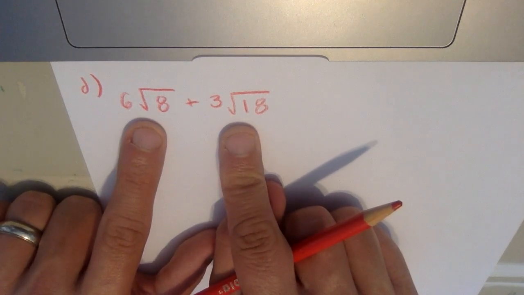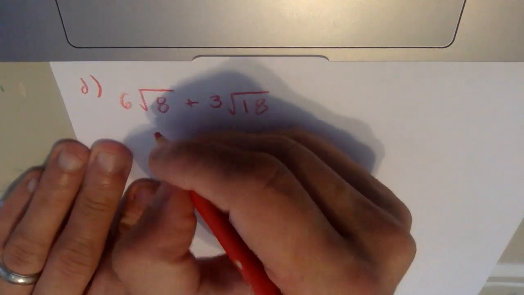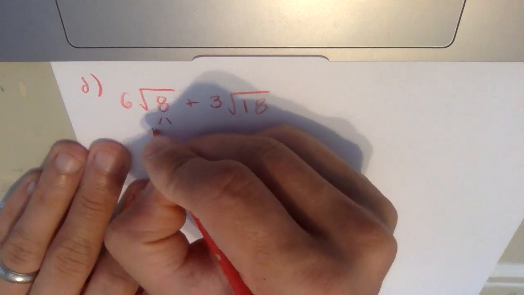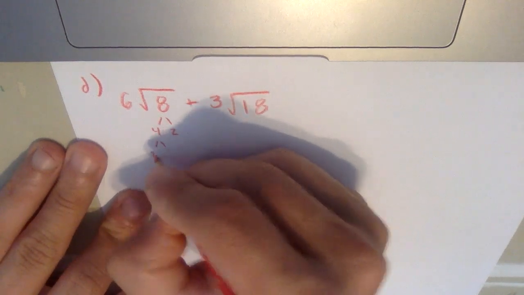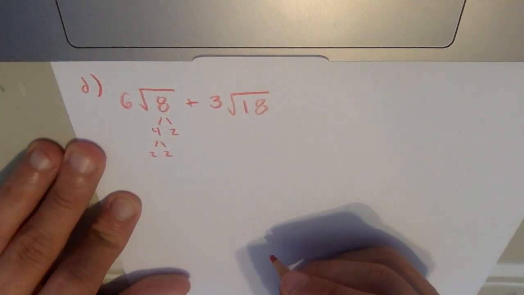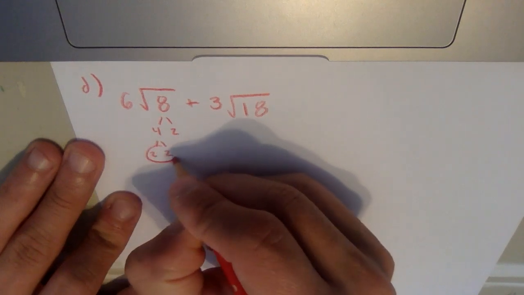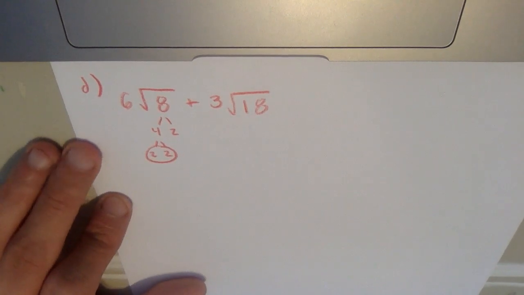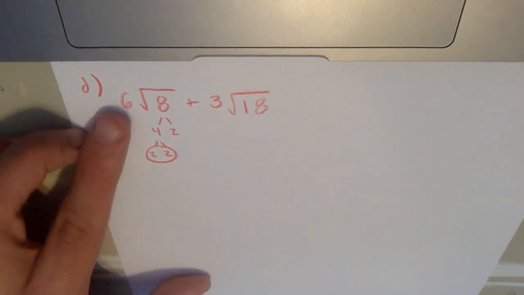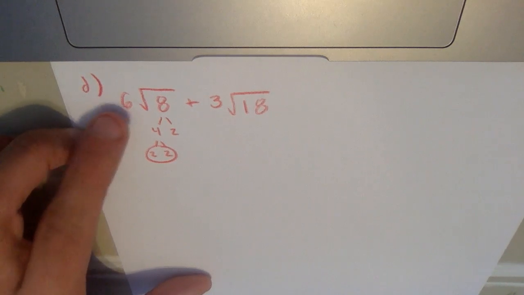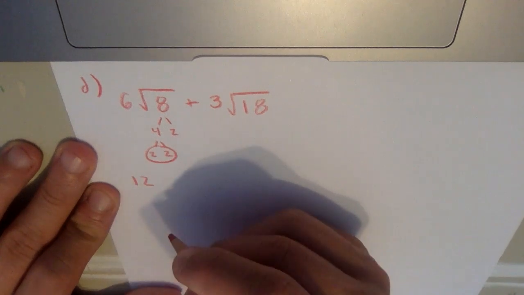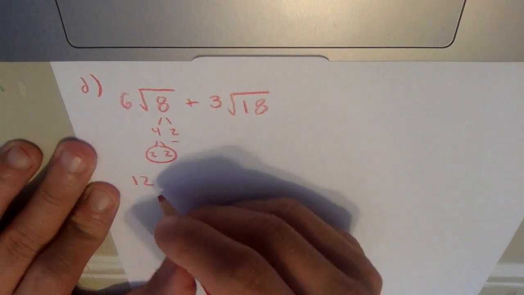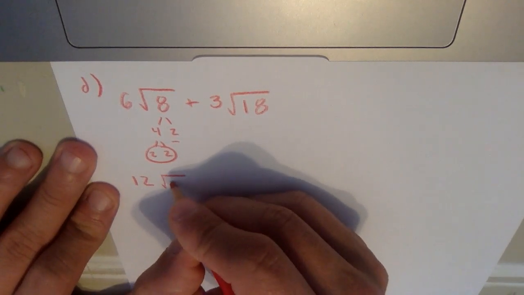So for normal square roots, we're always looking for pairs. I'm going to start to break this thing down. 4 times 2, and then 2 times 2. So we get a group there. There's already 6 on the outside, so when I do 6 times 2, I'm going to end up with 12. But we do have a leftover here. We have a leftover square root of 2.